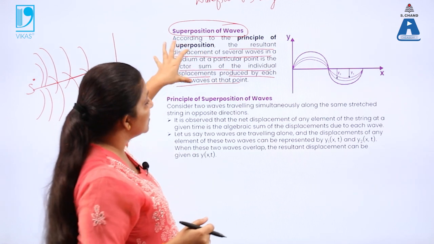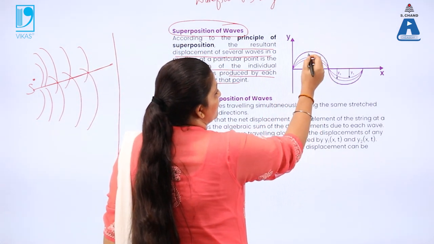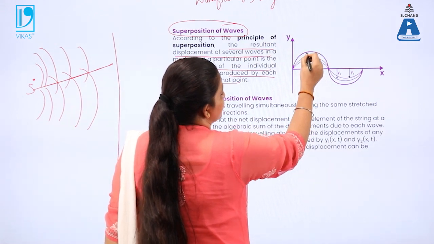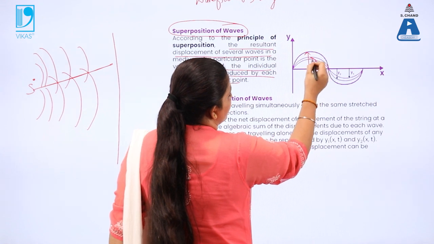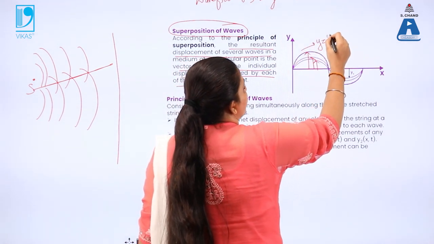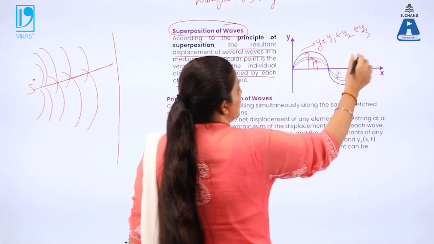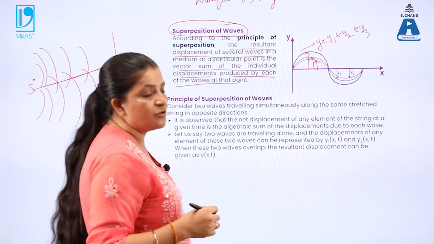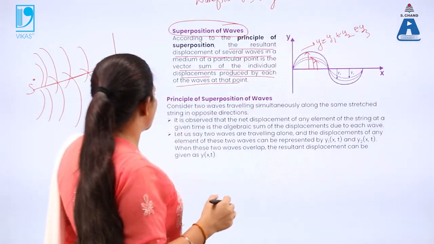So the resultant is given by the vector sum. Now this is in the positive direction, this is in the positive direction, and this is also in the positive direction. The resultant of these three wavelets, y, is given as y1 plus y2 plus y3, because they all are in one direction. So that is given by the superposition or vector sum of these three displacements.